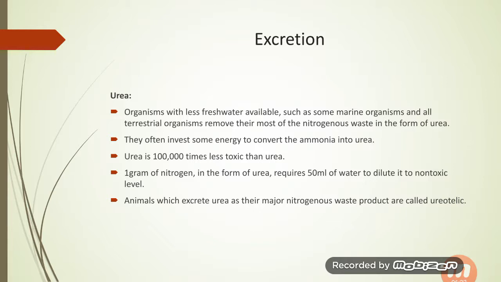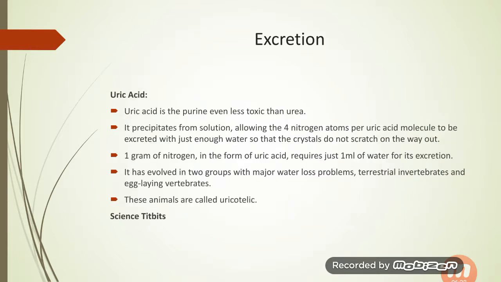So this can be asked in the short question, that what is the difference between ammonotelic and ureotelic organisms, and the third that we will discuss in the next slide can also be asked in the short question. Uric acid is the purine which is even less toxic than urea.